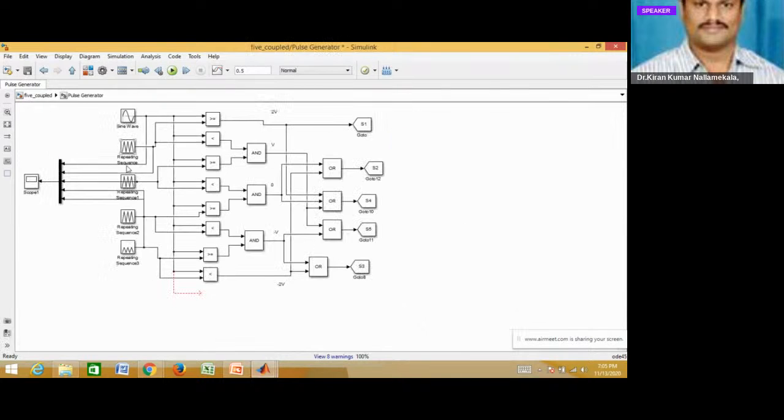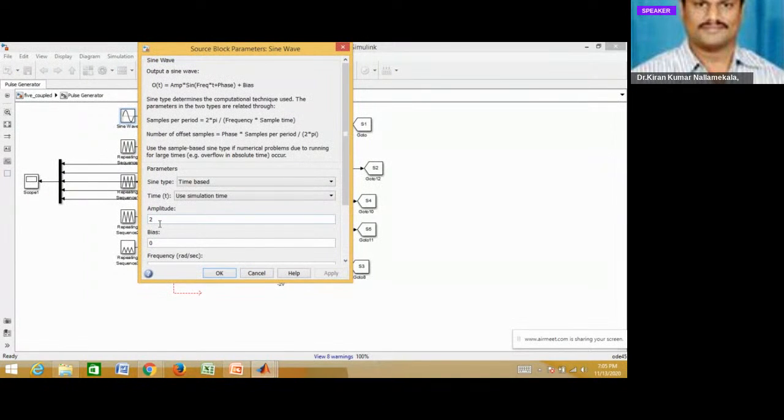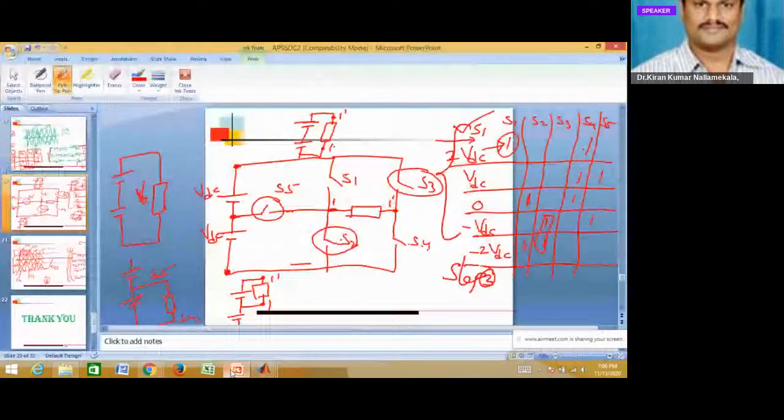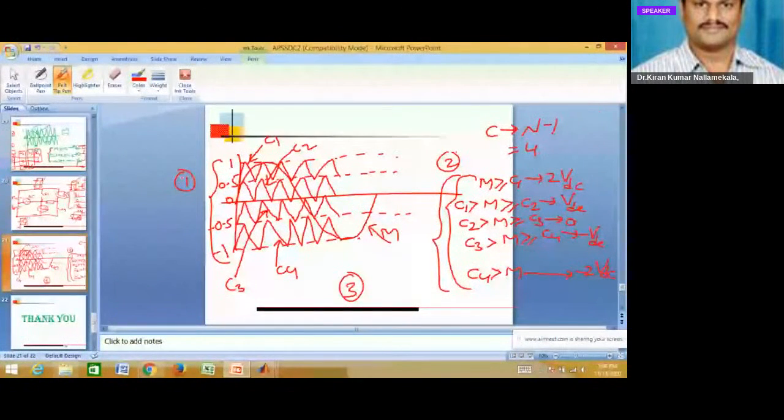Here, these are the different triangular waves. Here I have taken the sine wave from 2 to minus 2. So the triangular wave and sine wave, you can take it here.